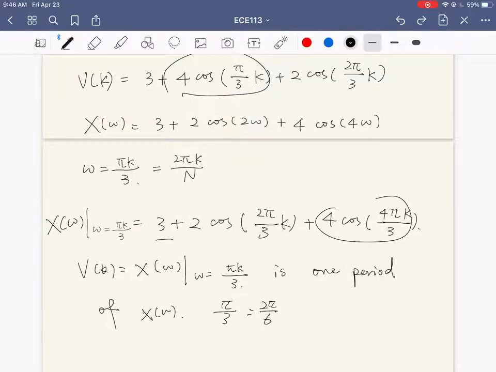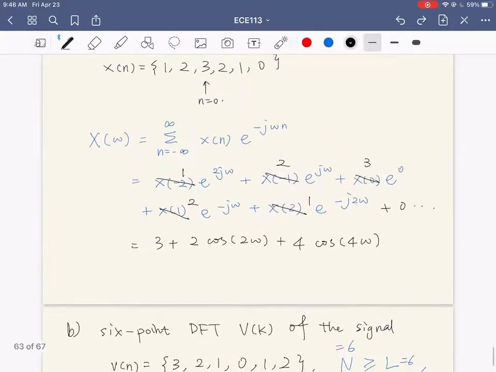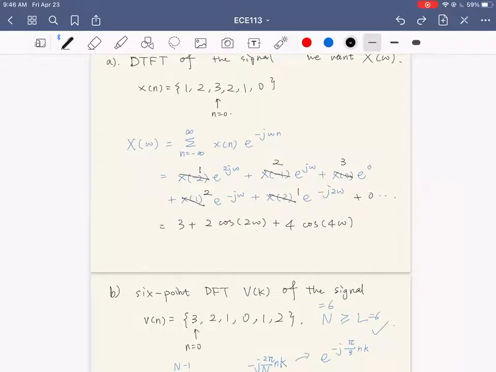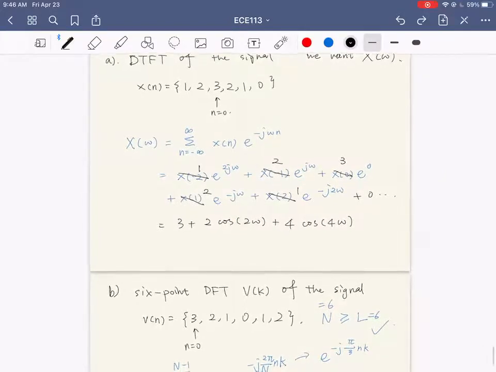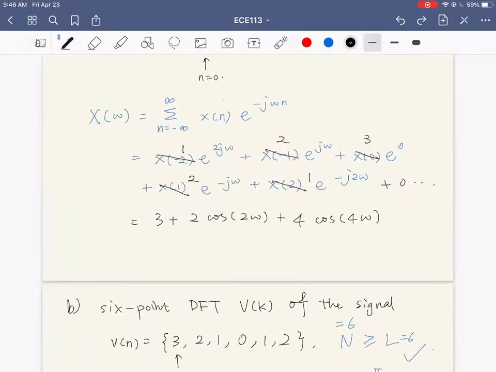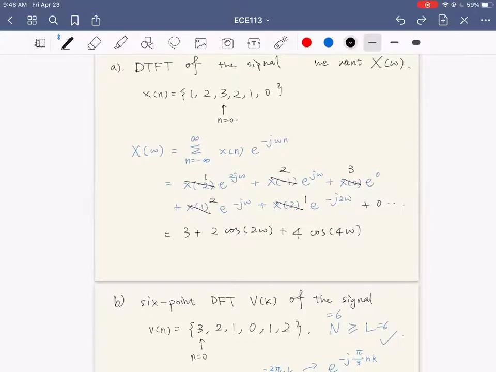Is the difference in the equations because we made the v of n in a different form than x of n? So if you observe the x of n and v of n, you'll see that they both start at 3, right? 3 to 1. I see that. I'm just wondering if maybe that's what made it off, because they're supposed to be equal when we find v of k. Yes. So if you let alone DFT, they are different, right?